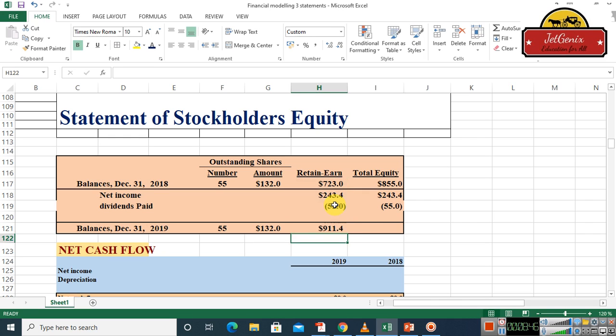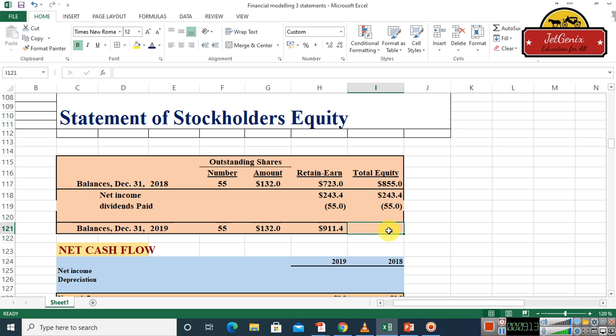Yes, very good, now it's okay, because Excel understands this parenthesis and can recognize that this is a negative amount. So automatically it will add these two and subtract this one from the summation of these two values. So the retained earnings on December 31st 2019 is 911.4 million.